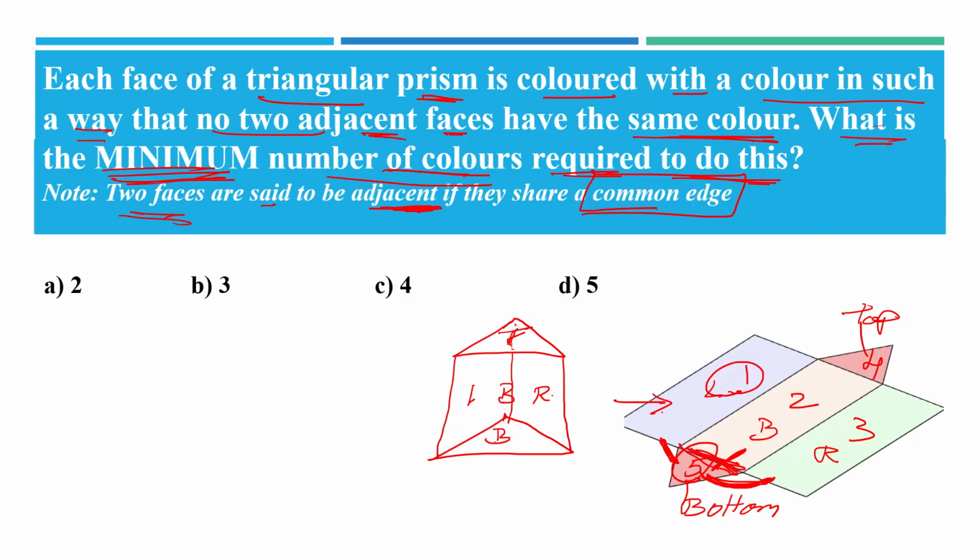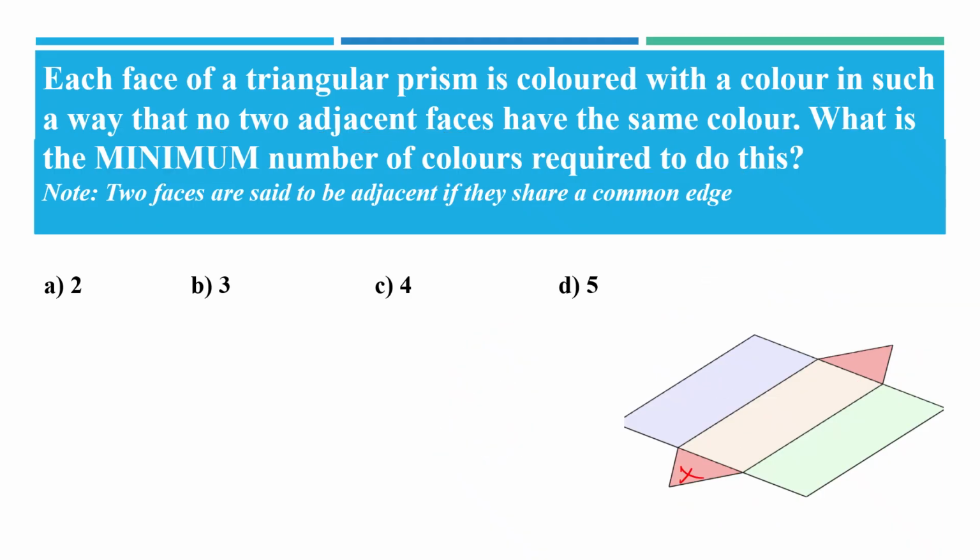So the only face which is not adjacent to 5 is 4. At the same time, 4 is adjacent to all other 3 sides. So there are totally 5 faces, out of which only one is non-adjacent to the other. Therefore, we need 4 different colors.